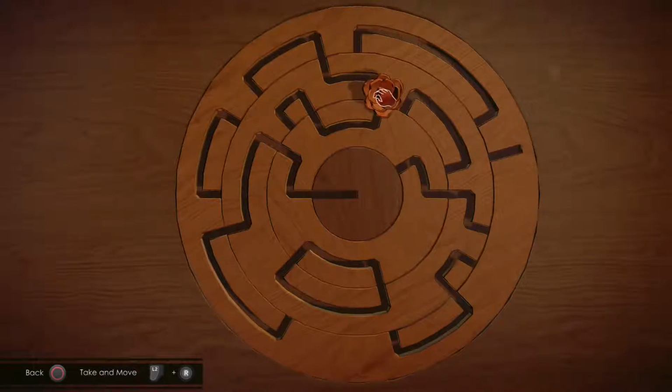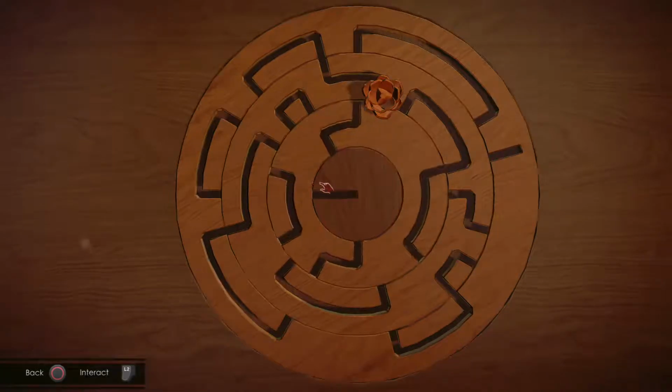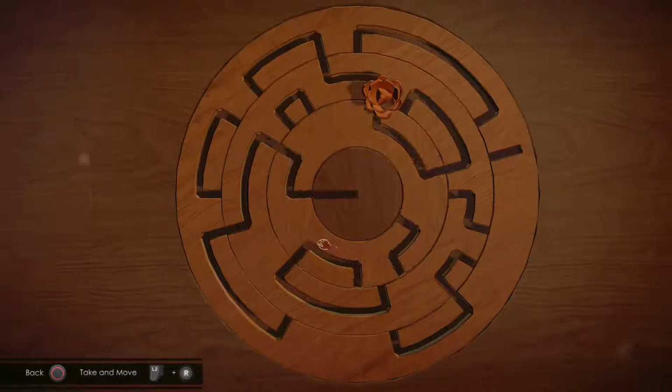Like, can you move? What is wrong with this? I can't move it any further up. It's just stuck. I can't go up and to the left.